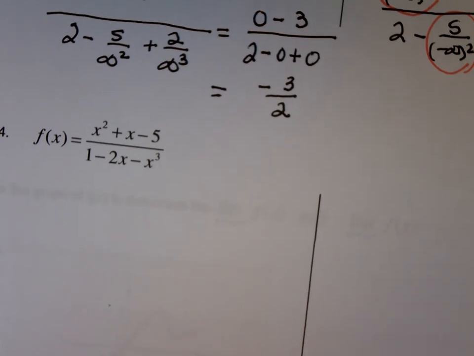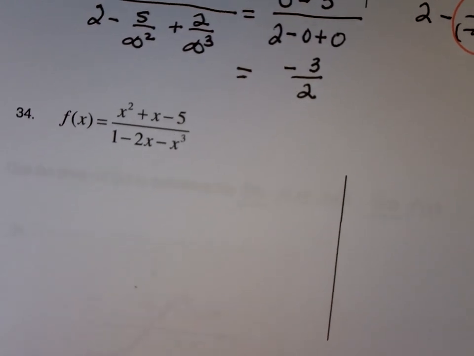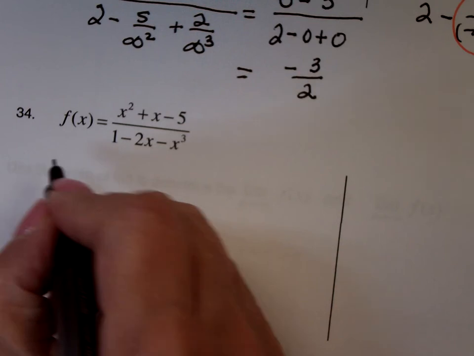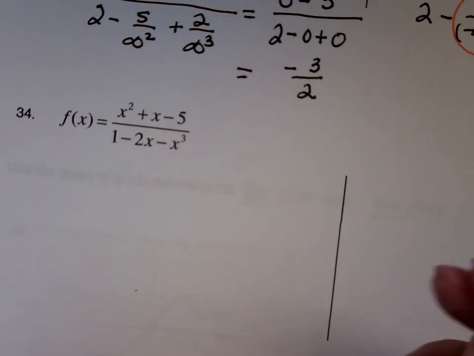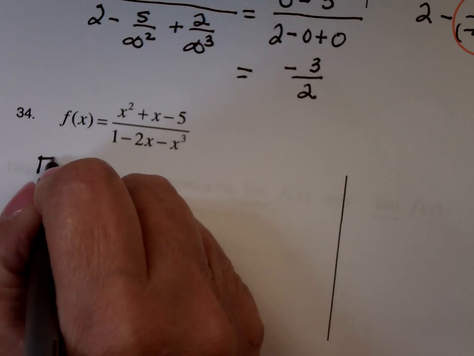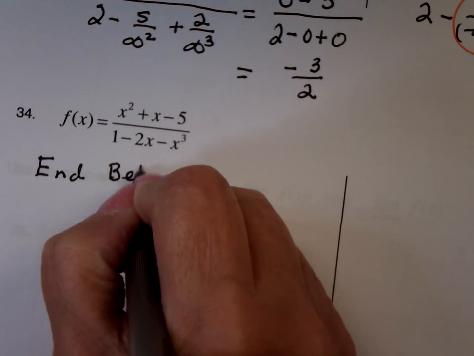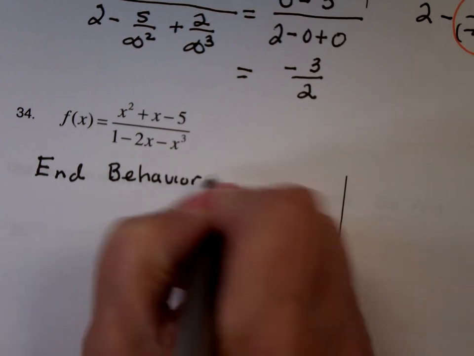Now, this is a polynomial. And in college algebra, we would call this, at least I call it, the end behavior model.